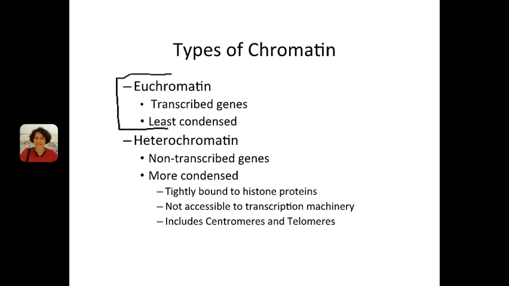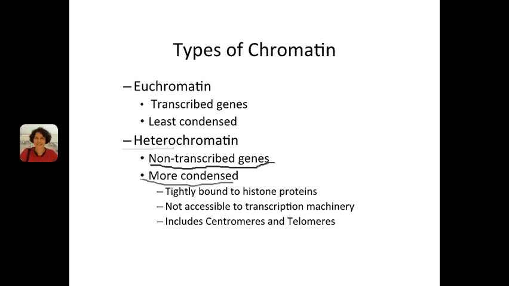Euchromatin is the least dense one, and it tends to contain the genes that are more active, genes that are getting transcribed. Then there is another kind of chromatin called heterochromatin. Heterochromatin tends to be more condensed, and it tends to contain genes that are not transcribed, so genes that are not active in that cell.